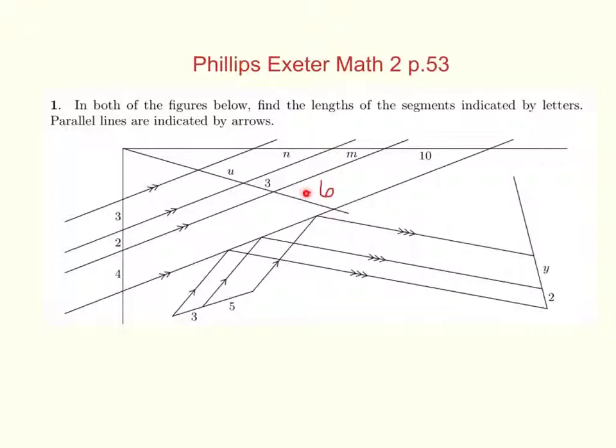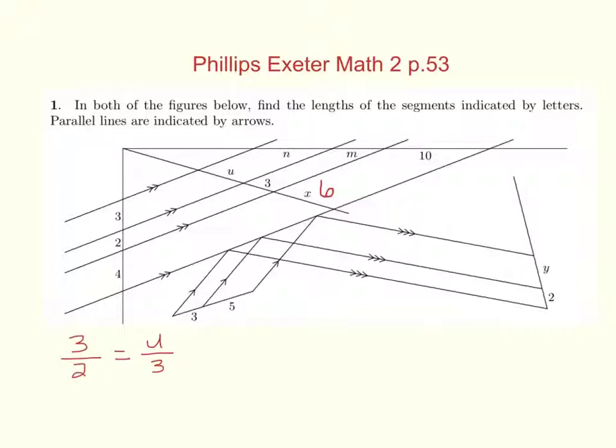That won't always be that easy because you're not always going to be doubling or tripling. If we look at these sides, we have a 3 and a 2, and a u and a 3. We can set up proportions. To find u, I would do 3 over 2 equals u over 3. Make sure that you line up these numbers.